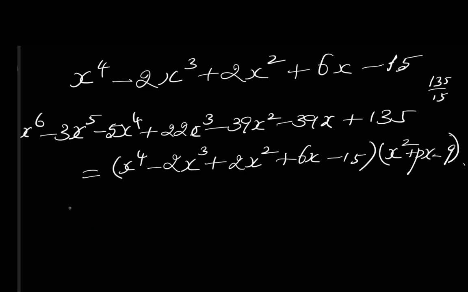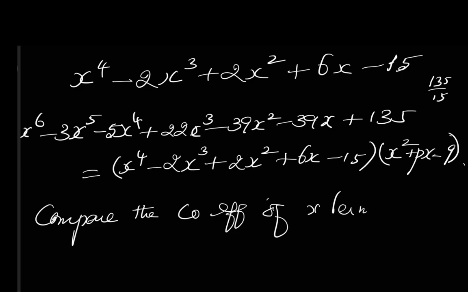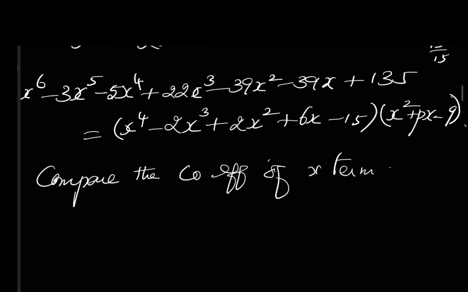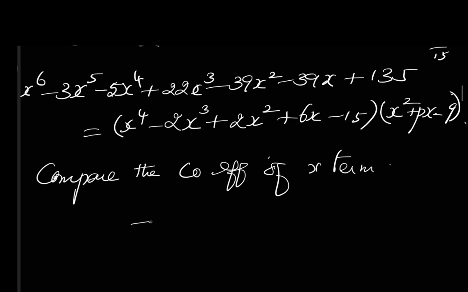So I compare the coefficient of the x term. On the left side, what is the x coefficient here? Minus 39. Come to the right side and collect the x term. Take the x term here, where p is the coefficient of x, with the constant minus 15. So minus 15 into p is minus 15p.